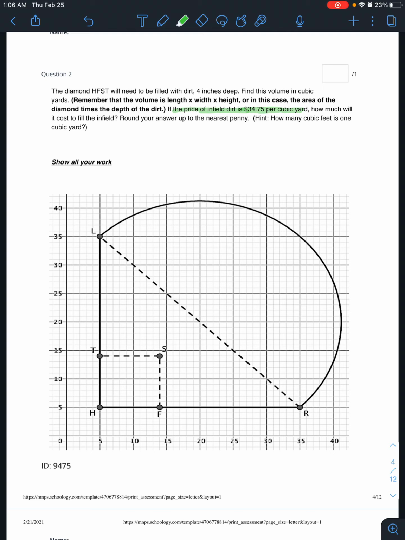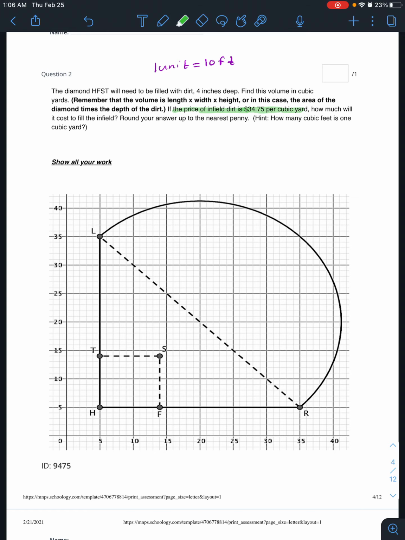So just remember, the problem said that 1 unit equals 10 feet. So somehow we're going to have to go from units to feet to yards. So just keep that in your head. Am I going to go ahead and turn all of the units into feet before I start doing math? Or am I going to do all the math and then convert it after? You have to decide how to approach this.